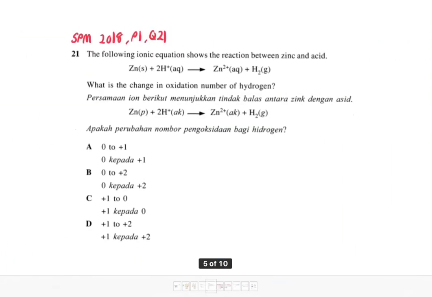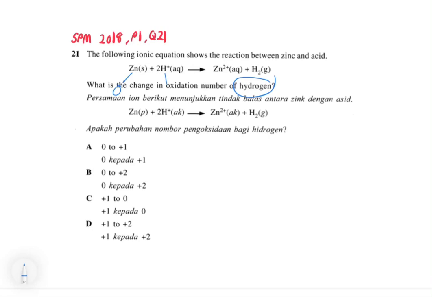Moving on, in SPM 2018, question 21, what is the change in oxidation number of hydrogen? This question requires us to know the oxidation number before and after the reaction, specifically for hydrogen. The oxidation number of zinc is 0 in its elemental form.